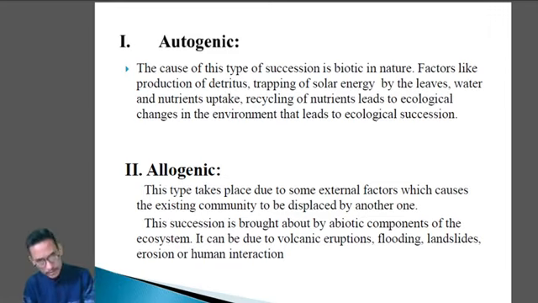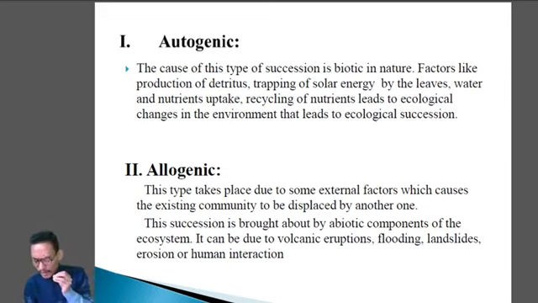Write down, autogenic succession is driven by the biotic component of an ecosystem. Done. So in autogenic succession, a community will be replaced by another community due to the modification of environment.